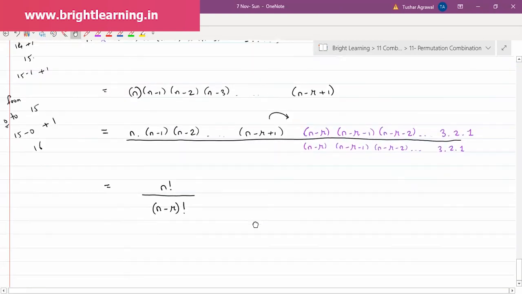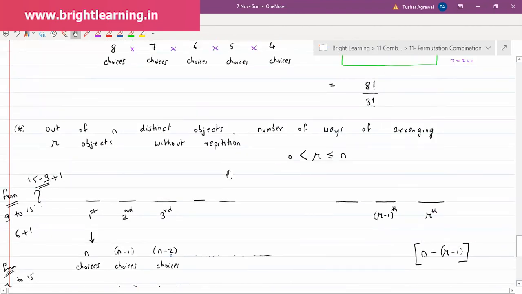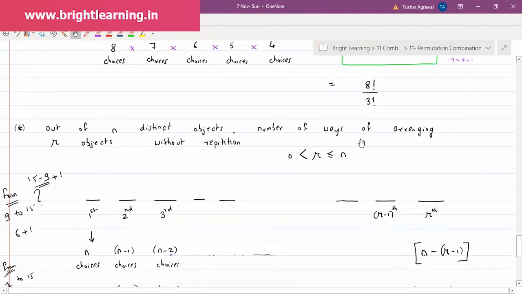So this question has a standard notation: out of n distinct objects, the number of ways of arranging r objects (fewer than n) without repetition, whatever the answer is, it was decided that we will simply call the symbol nPr. In nPr, whatever is written in the superscript is the total number of objects, and whatever is written in the subscript is the positions that you are taking.